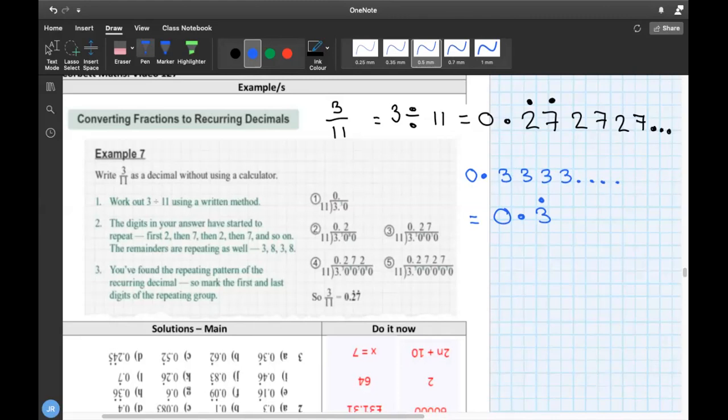And that dot tells us that that 3 will go on and on and on for infinity. Another example we might see is 0.12. This is very similar to our 2/7 example we saw at the top there. And that's going to be 0.121212. That will go on and on and on.